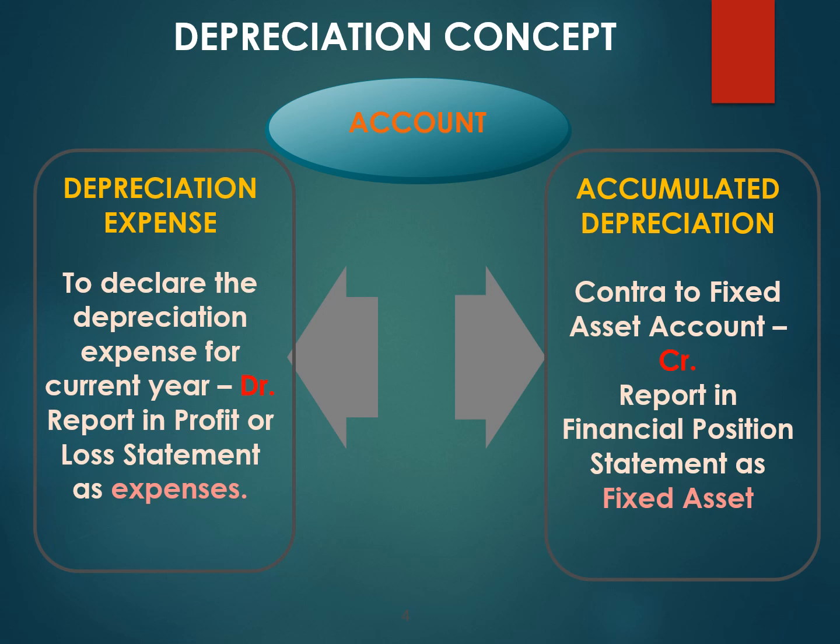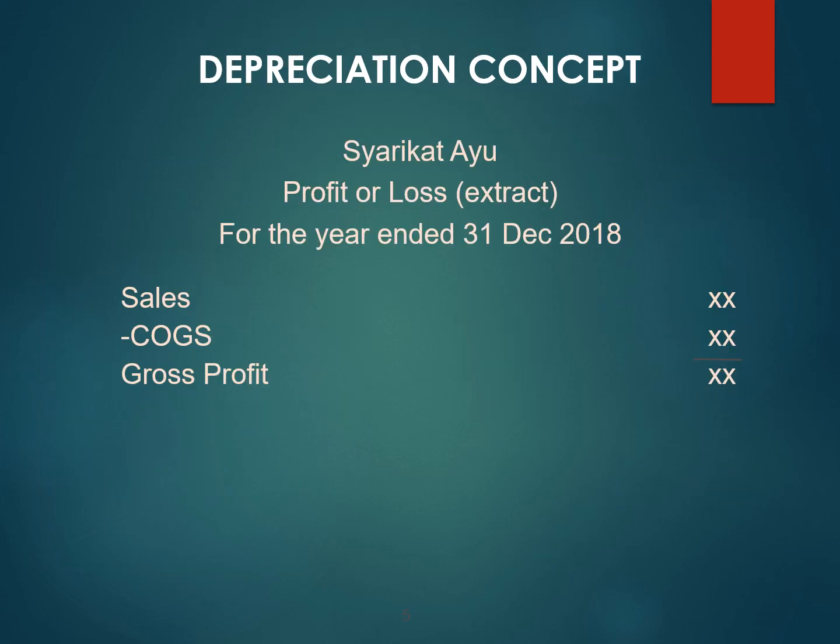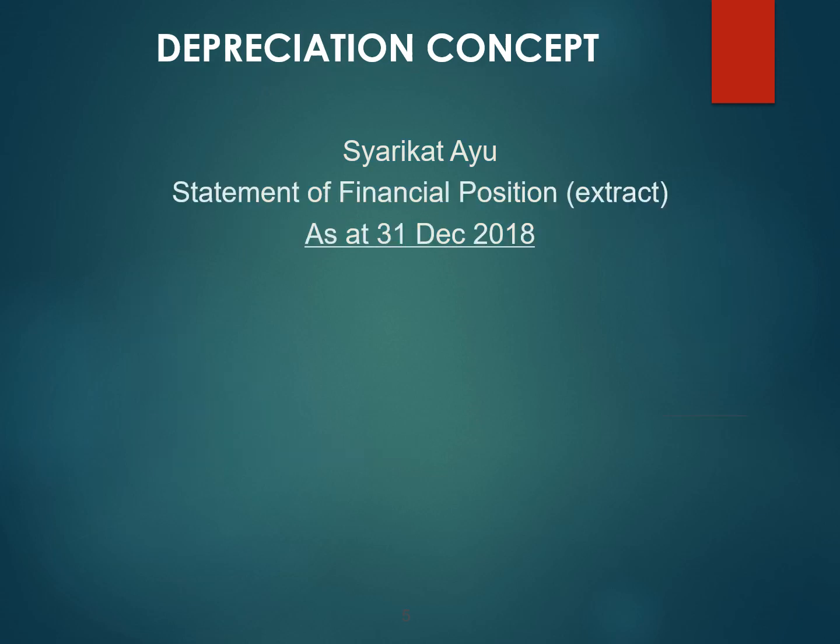So we credit the accumulated depreciation and we report it in financial position statement as fixed asset. So we report the depreciation expense in profit or loss statement as an extract because we just write this part of the statement. And this is an example on how we report the accumulated depreciation in financial position statement.